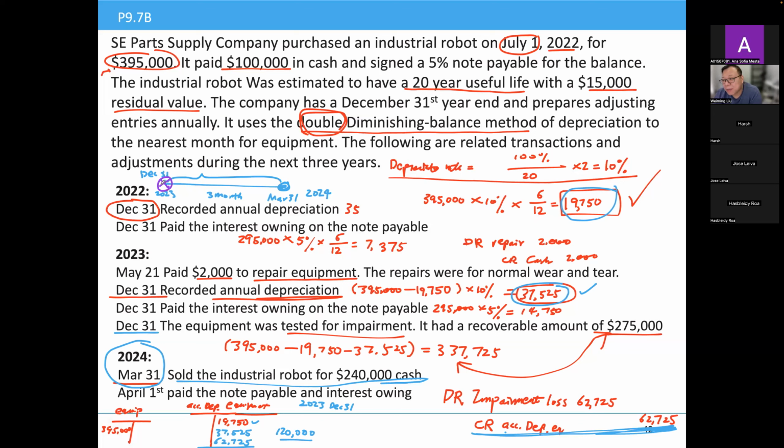So what is the carrying amount of the robot as of December 31st, 2023? What is that carrying amount? That number is given in the question. I can tell you that. You don't have to do any calculation. That number is actually given just on the slide. We don't have to calculate it. It's given. So what is that carrying amount?